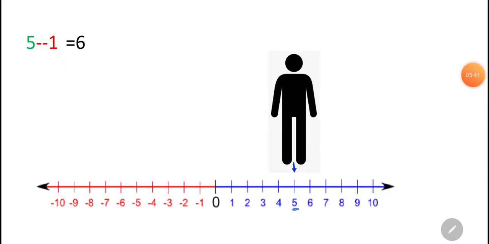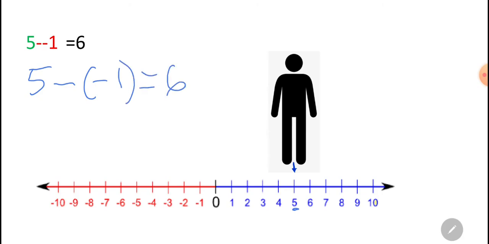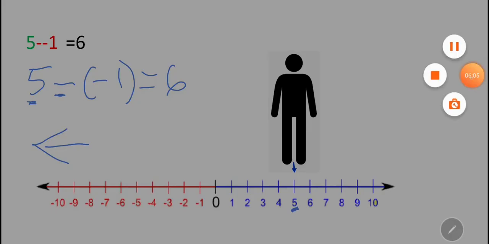So what do we do in this situation where it's 5 take away negative 1? We know the answer is 6, but just to use the number line, I like to think of it as 5 take away negative 1 in brackets is equal to 6. The man is standing at 5, because the first number is 5, then because of the take away, he will face the left.